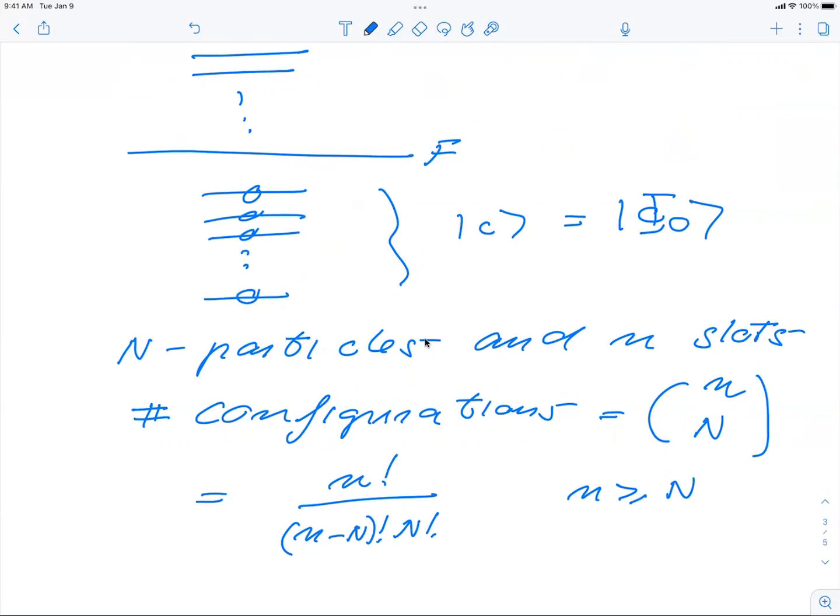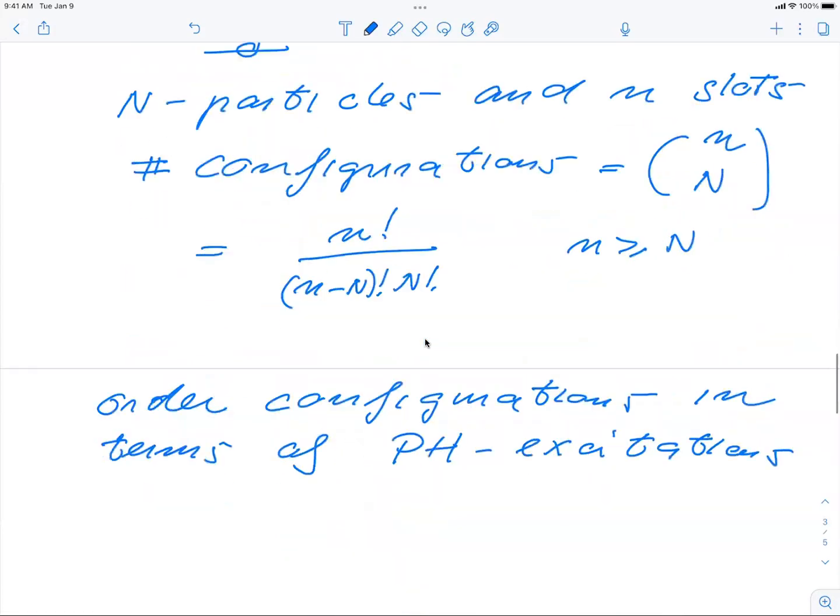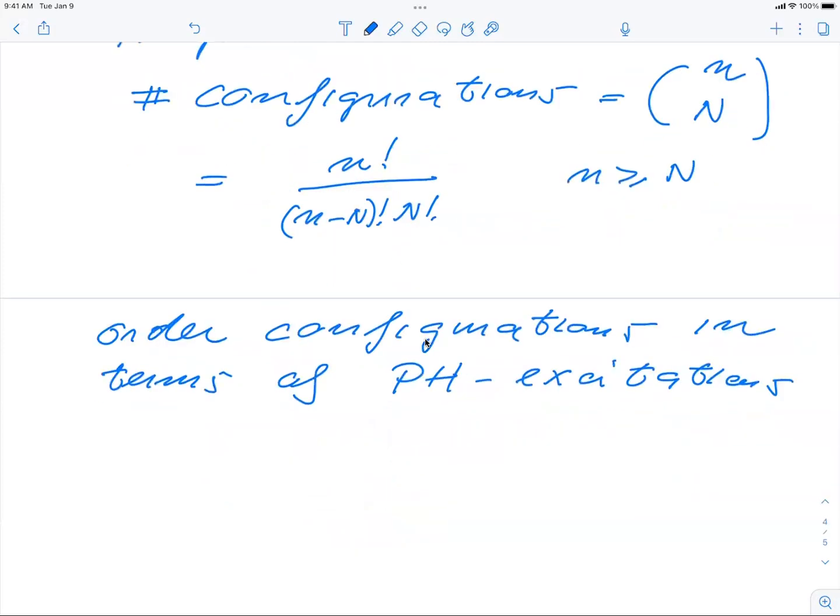If not, it's just a handy computational basis, because in principle, since N goes to infinity, you have an infinite set of such configurations. So we are simply reordering everything in terms of particle hole excitation.